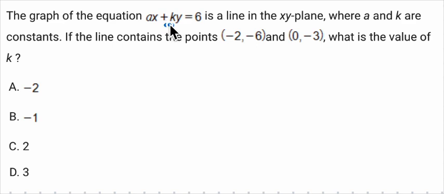What I can look at right now, or how I could start this, is by writing this equation in slope-intercept form. To do that, I'd need my slope, and I can use these two ordered pairs.